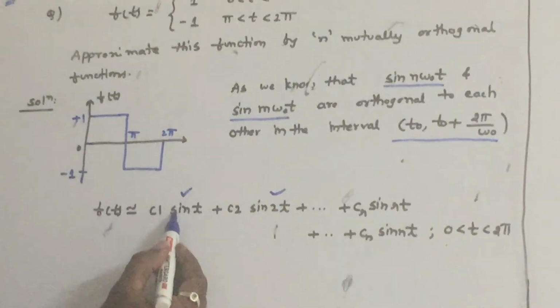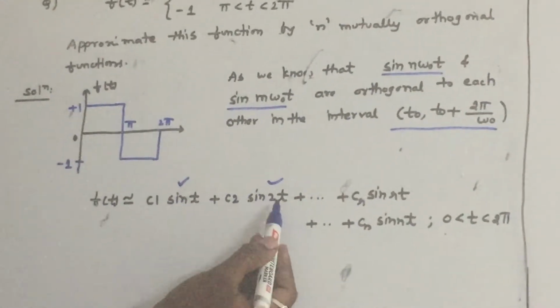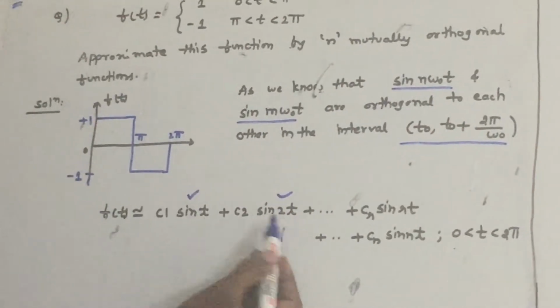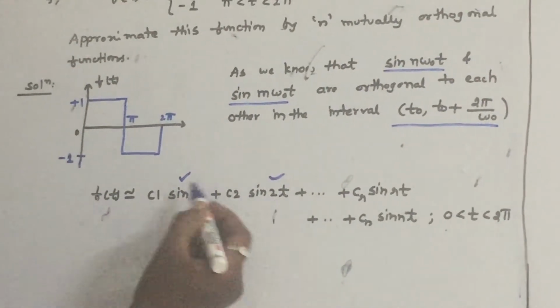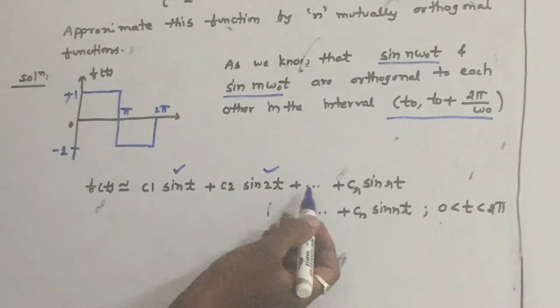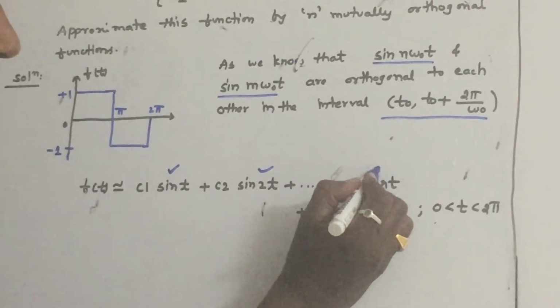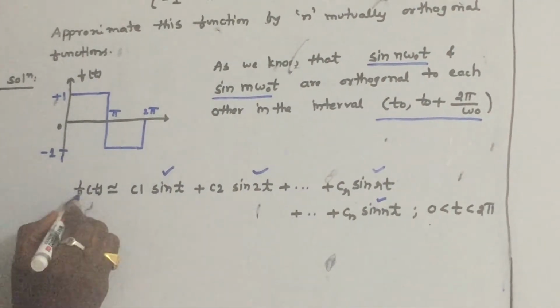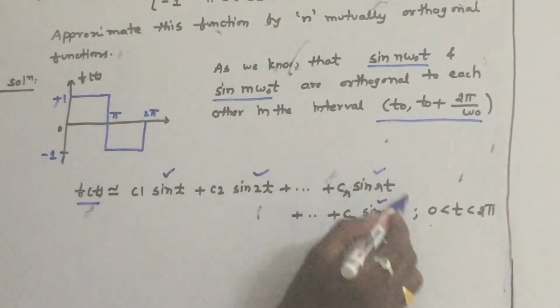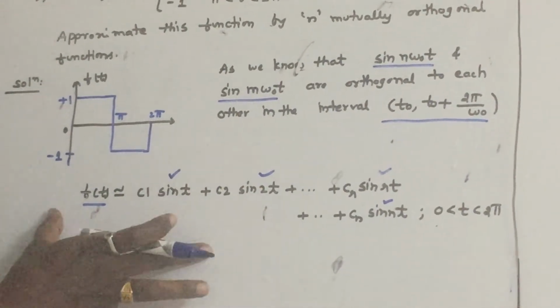If you integrate from 0 to 2 pi, sin t into sin 2t comes as 0. So sin t is orthogonal to sin 2t, sin t is orthogonal to sin 3t, and like that all these functions are orthogonal to each other. Therefore any function f of t can be approximated using these orthogonal functions.